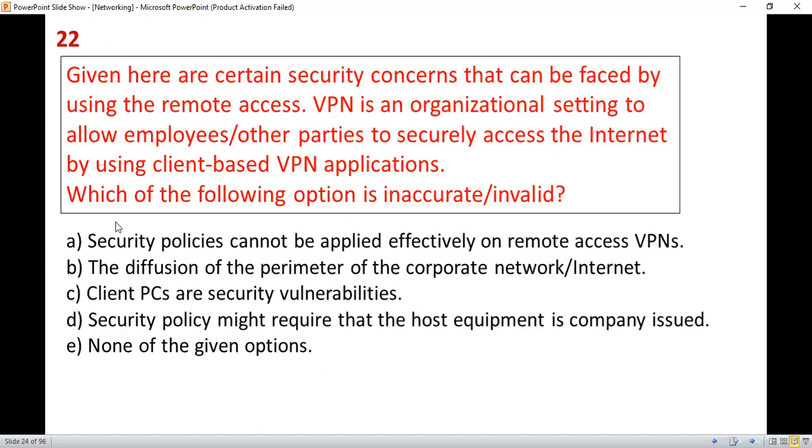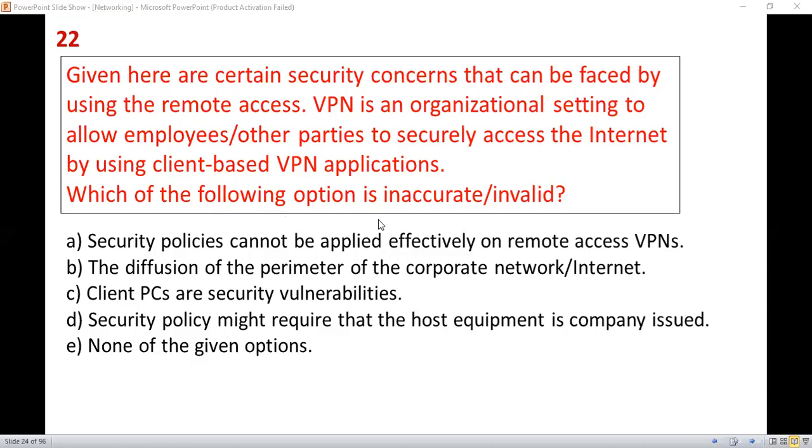What do you think? Can we apply security policies or not? We need to answer which is inaccurate or invalid. You just need to read the question carefully.